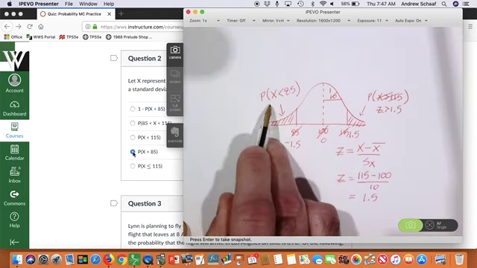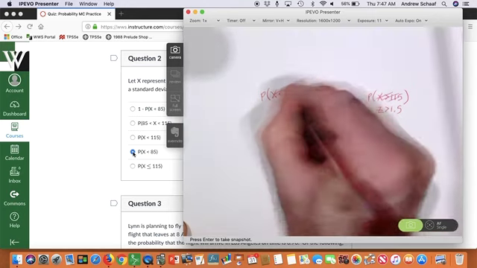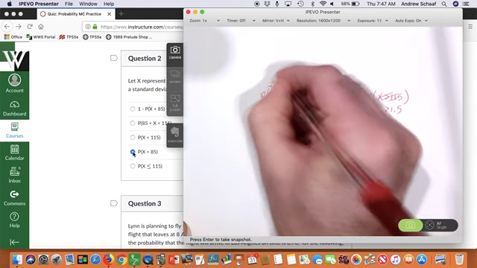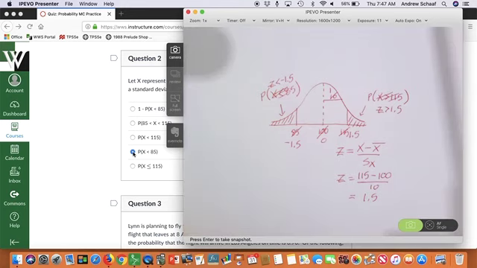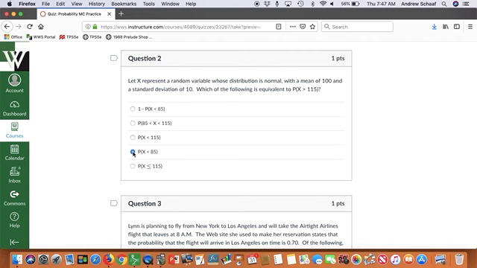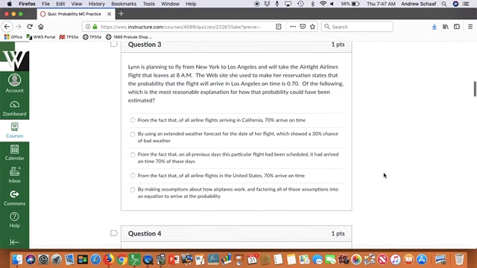So the alternative expression that will have the same probability is the probability that z is less than negative 1.5. So we can express this in terms of actual observations, or we could express this same situation in terms of z-scores.